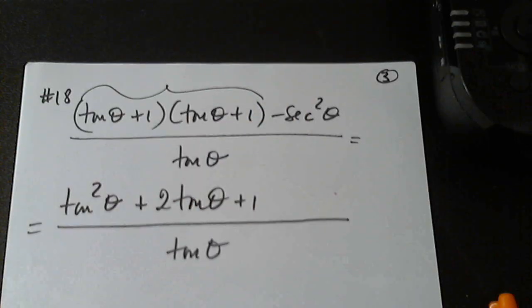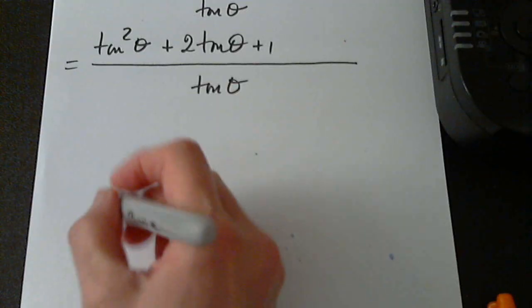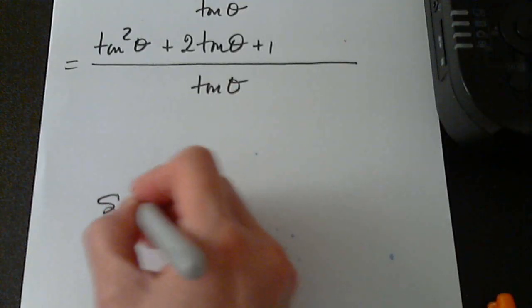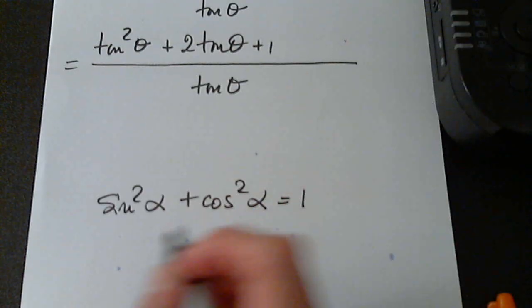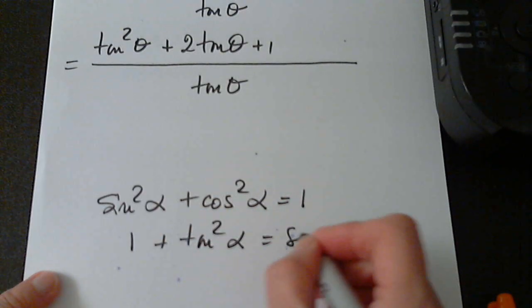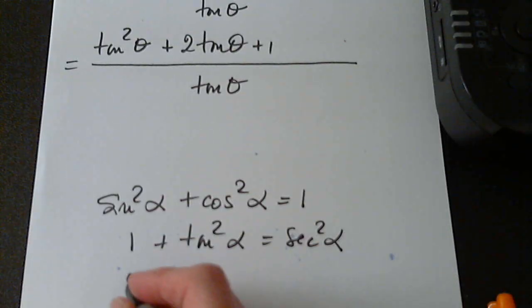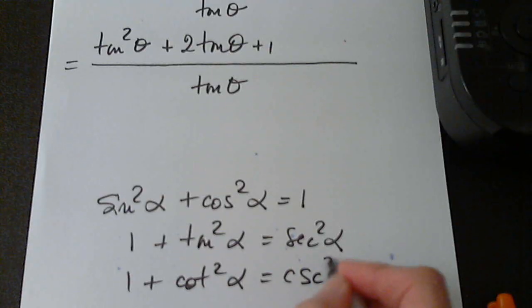Now, remember the 3 identities. You have to remember these. I'm going to just leave some room. So we have sine squared alpha plus cosine squared alpha equals 1. 1 plus tangent squared alpha equals secant squared alpha. And 1 plus cotangent squared alpha equals cosecant squared alpha.